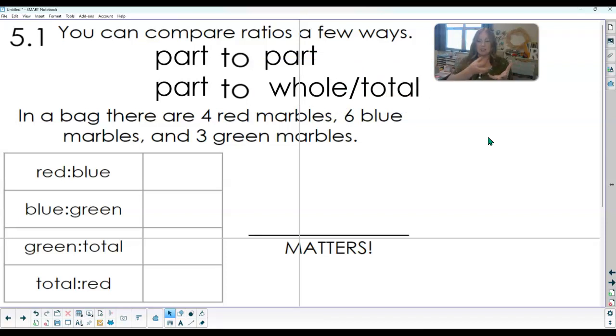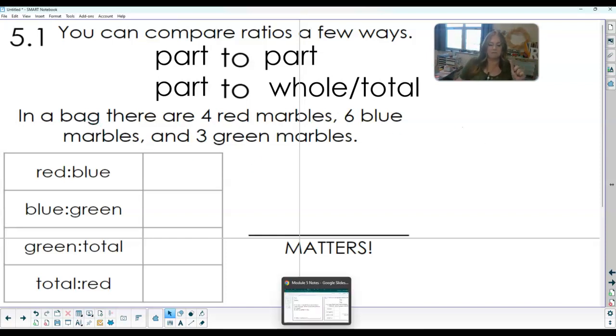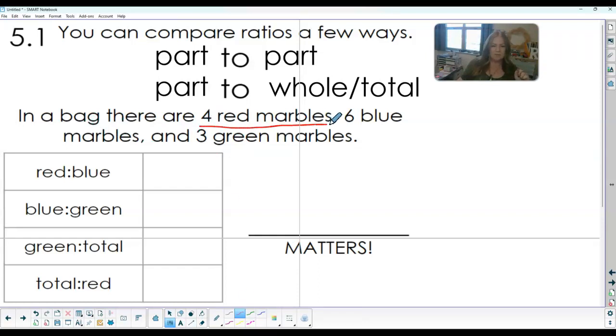If we have a bunch of different things, we can put them all together to make the total. Let's take a look. In a bag, we have 4 red marbles, 6 blue marbles, and 3 green marbles. They're all in the bag, but we could separate them out into each part, the red, the blue, the green, or we can put them all in the bag and have the total.